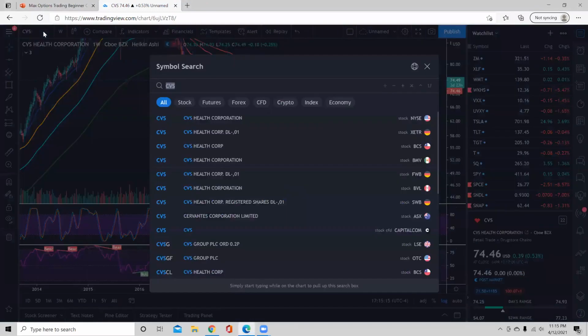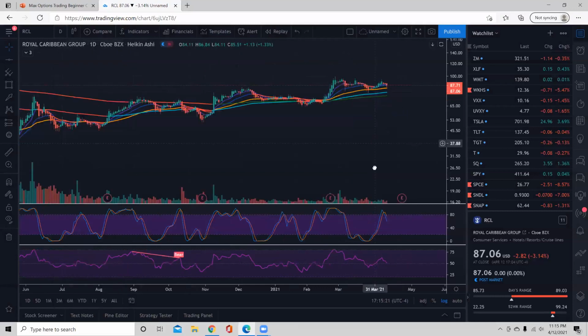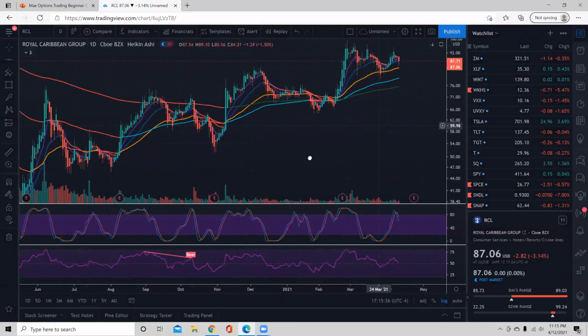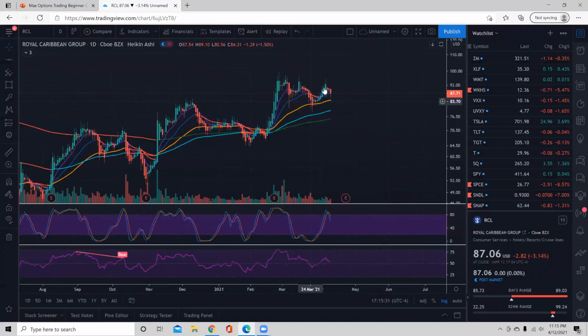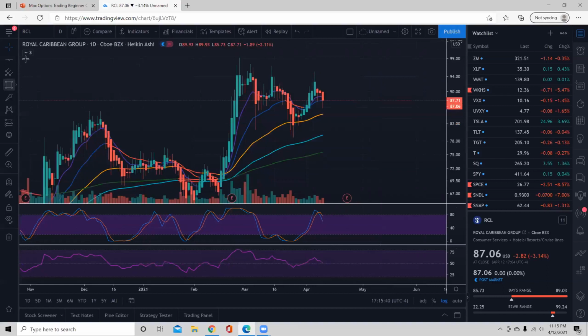RCL Daily. Let's check this one out. Where am I looking at? This? Let's draw this one out.